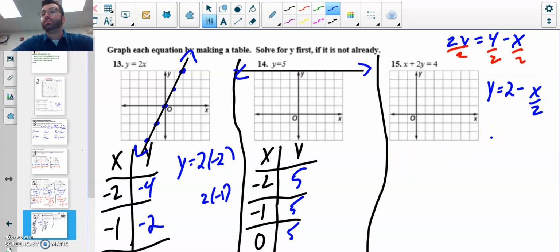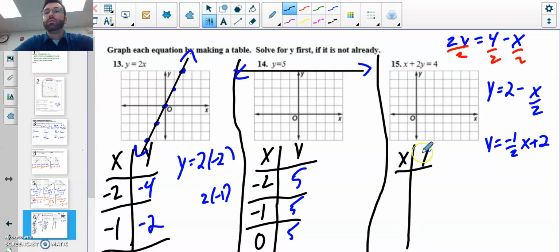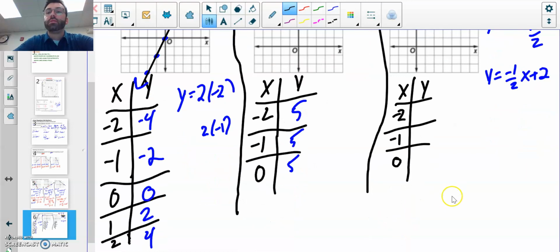Another way this can be written is y equals -1/2 x plus 2. You can write it like that too. To stay consistent, I'm just going to do -2, -1, 0, 1, 2 again for my x values and see what happens.